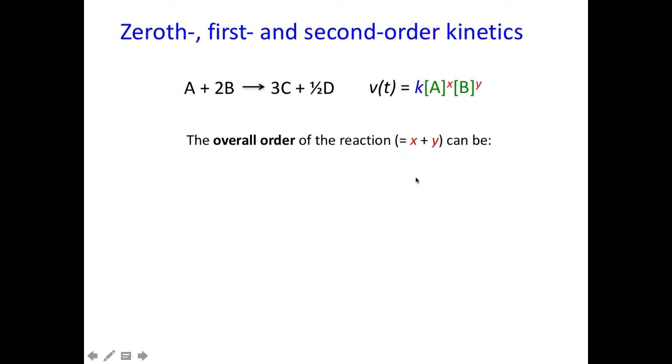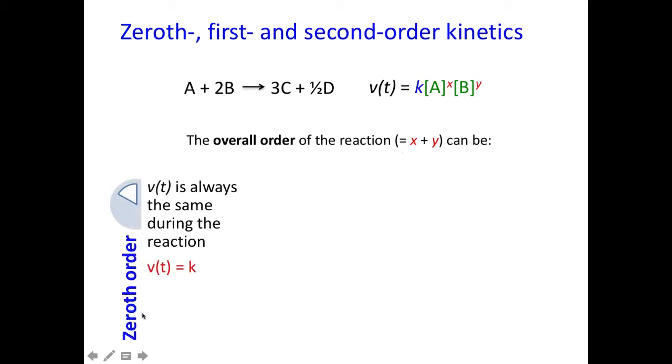And this sum could be 0, so we would have a zeroth order reaction. If we had 0 in x and 0 in y, we have that Vt equals k. This means Vt doesn't depend on the concentration. Vt is constant during the whole reaction. So this is a special case.